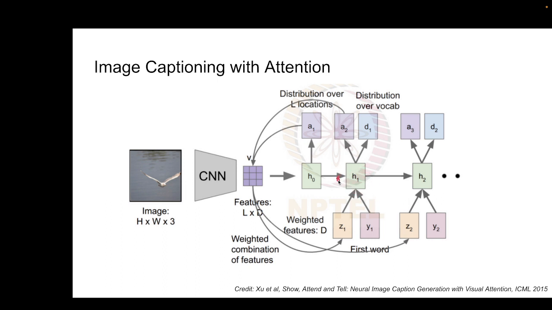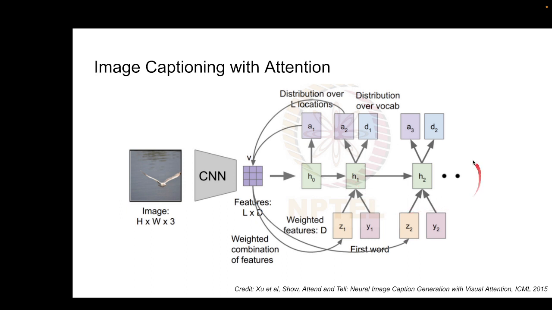Then you generate this H1, and H1's job is now to generate two things. The first thing is the first word, the distribution over the vocabulary like we have learned, and obviously the distribution or the weights of the image features based on the similarity.